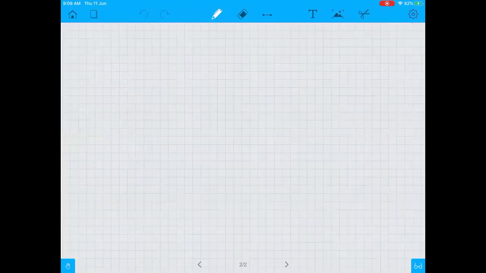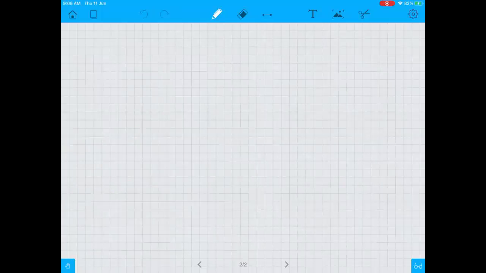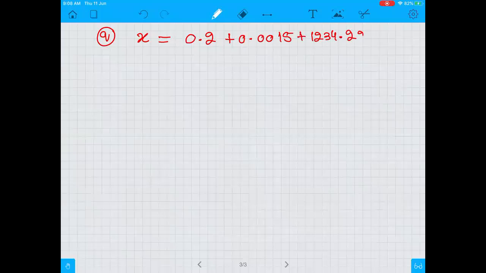So, just for example, if someone asks you, calculate x, where x is equal to 0.2 plus 0.0015 plus 1234.22.